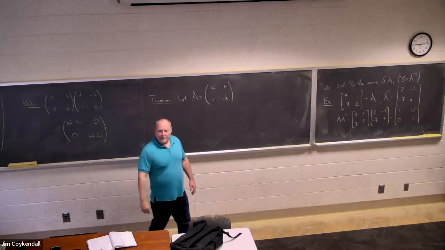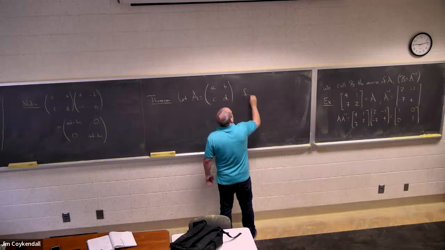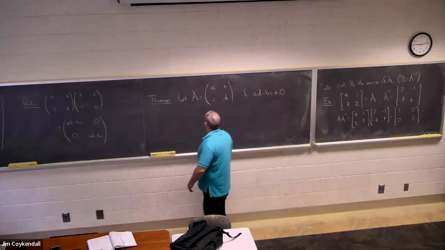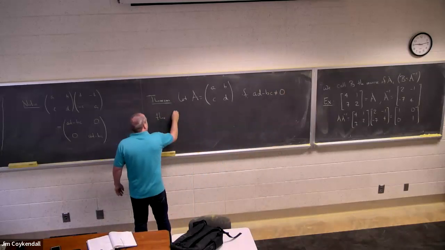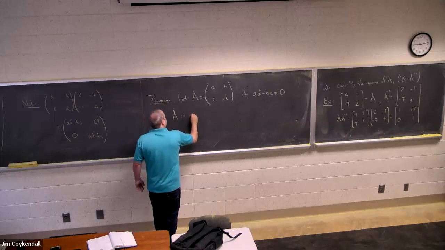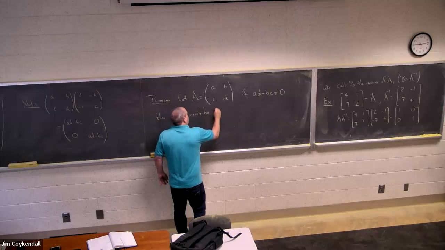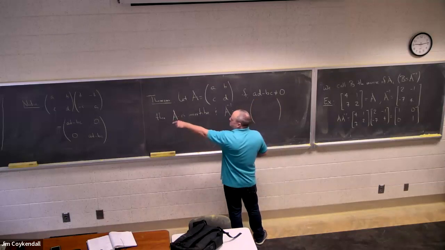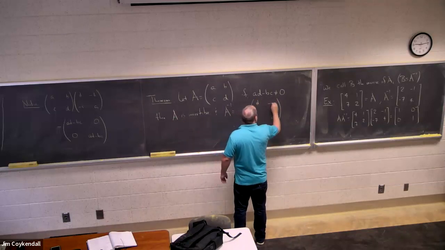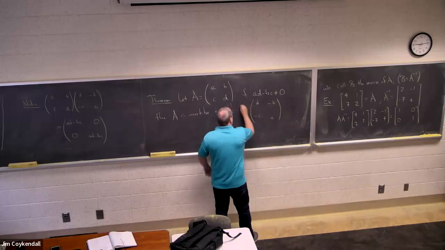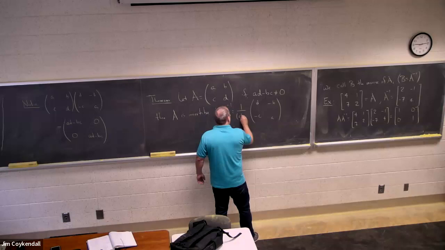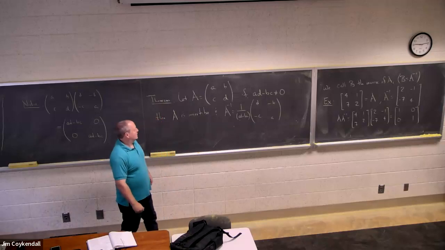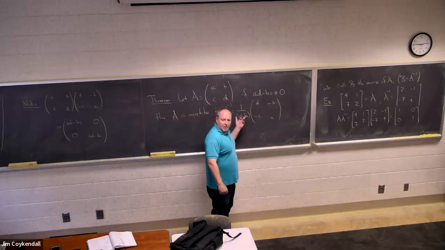Take any 2 by 2 square matrix A. If AD minus BC is not equal to 0, then A is invertible, and A inverse is equal to the matrix with rows D, minus B and minus C, A, times the fraction 1 over AD minus BC. So in other words, notice you're multiplying this matrix by this number.